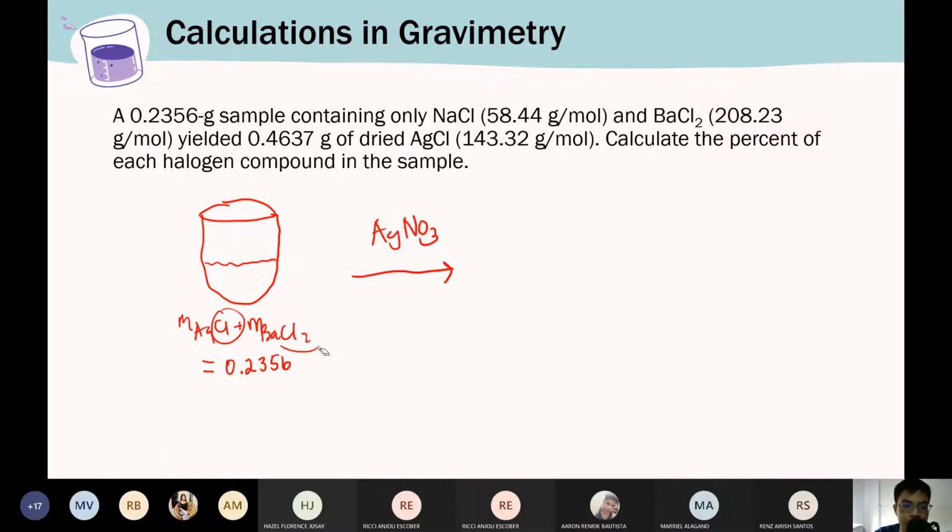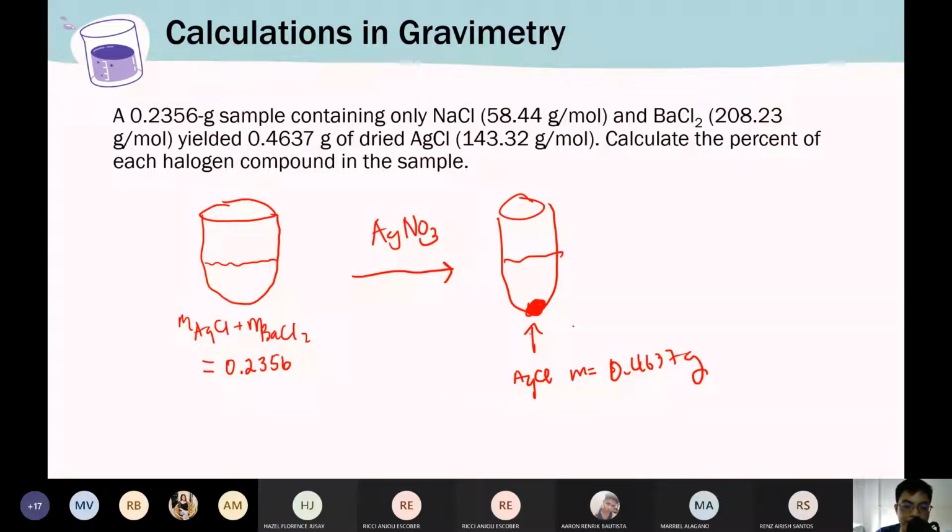So regardless of whether they are from barium or sodium, all of them will be converted into AgCl, which has a mass of 0.4637 grams.